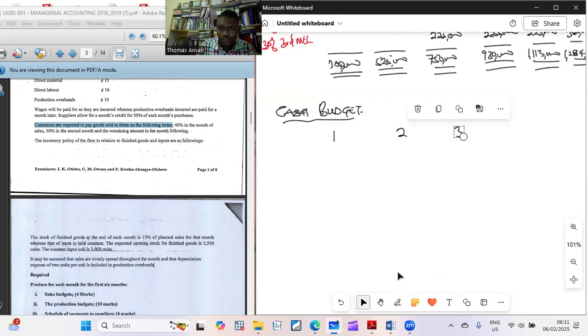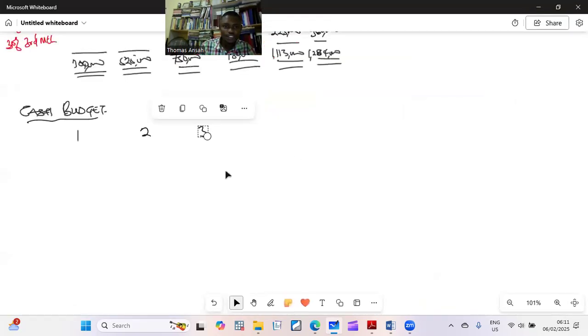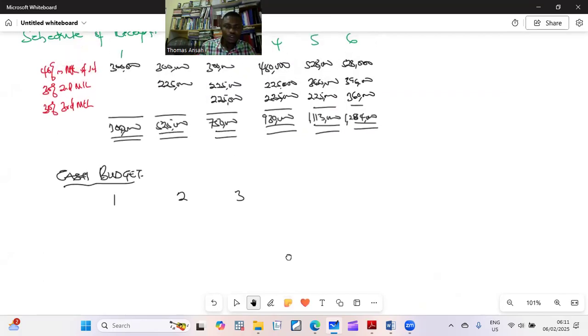I don't really need any figure from the question. Every figure I need now is from my own solution. The only thing I'll go and pick from the question will be the remaining cash items like your labor and things. But that one, we can pick it from here.